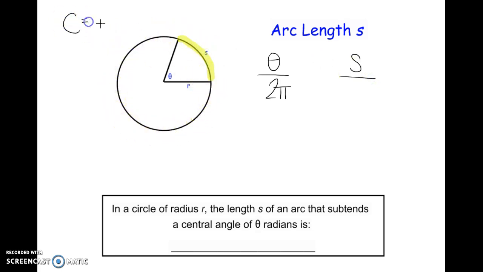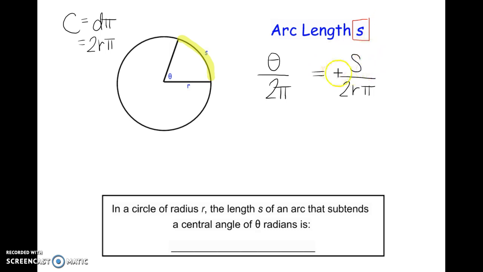And we know circumference is diameter times pi, or we can also think of that as 2 times the radius times pi. So these two ratios should be equivalent to each other. And remember, our goal here is to figure out a formula for S, that arc length.